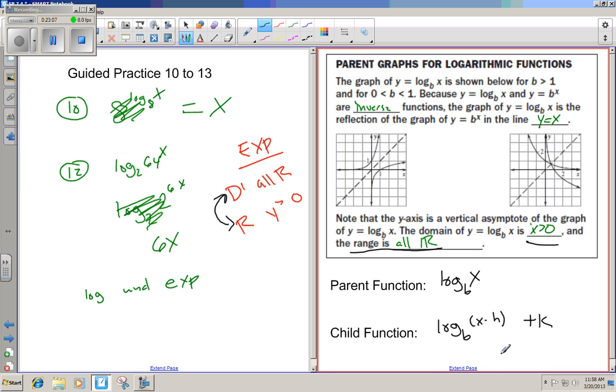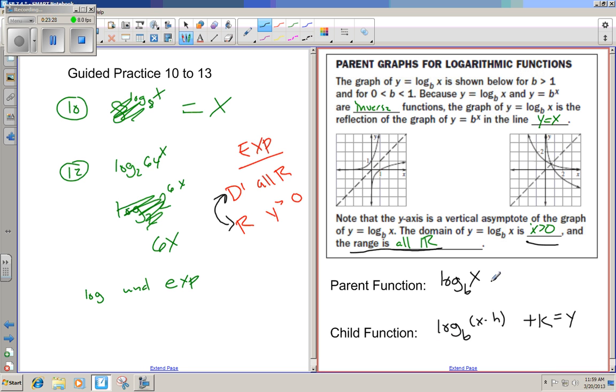All right, that should help you with this. Basically what you're looking at now is, for a logarithm, if this is equal to y, the exponential for this logarithm would switch the variables and so on.